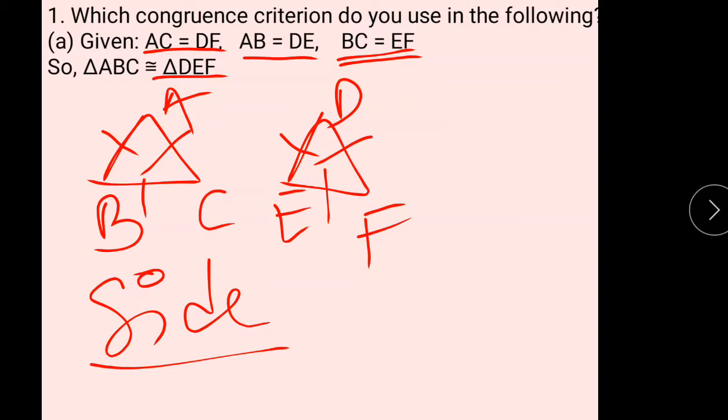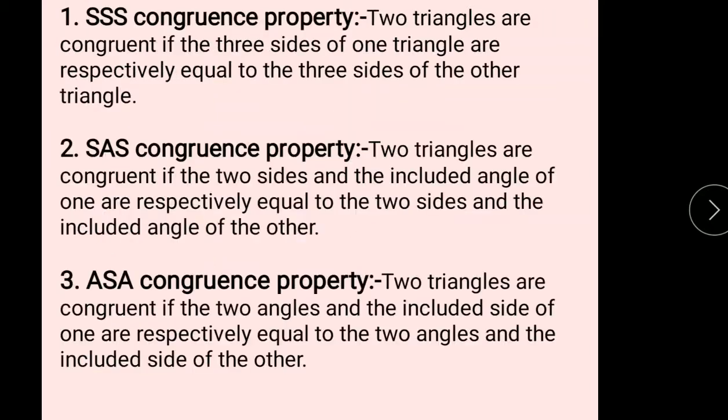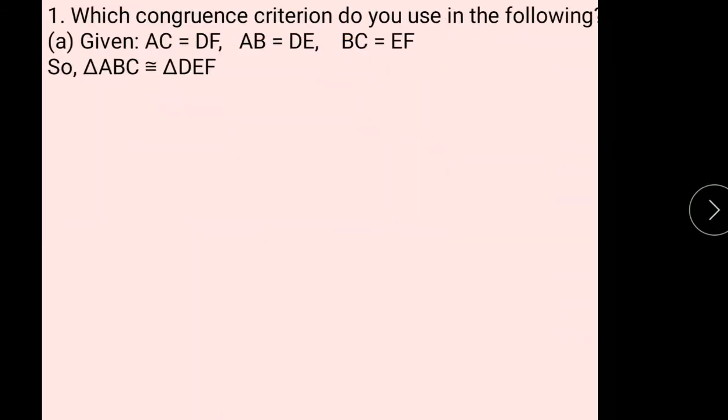Let us discuss first of all what are the rules here. There are a total of 4 rules, in which the first one is SSS congruency property. What does this SSS stand for? SSS stands for side-side-side congruency property. So in our first example, whatever was given here is SSS criterion.